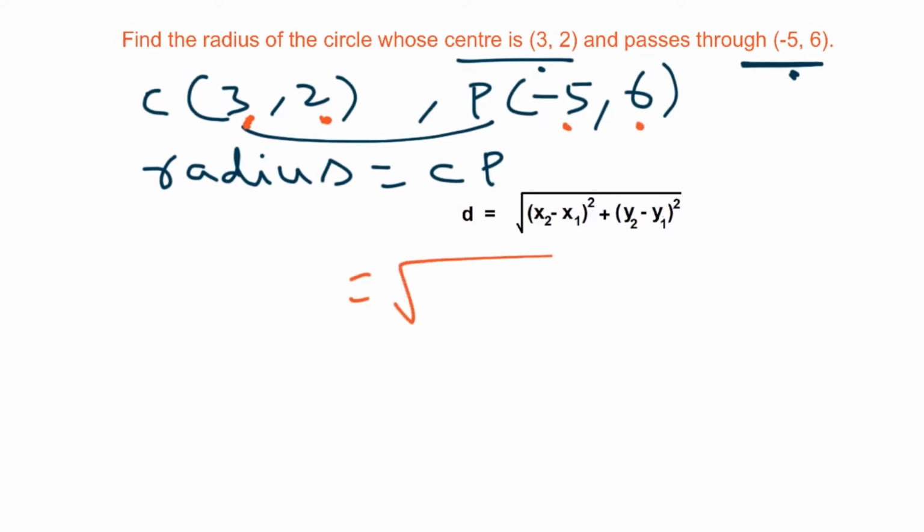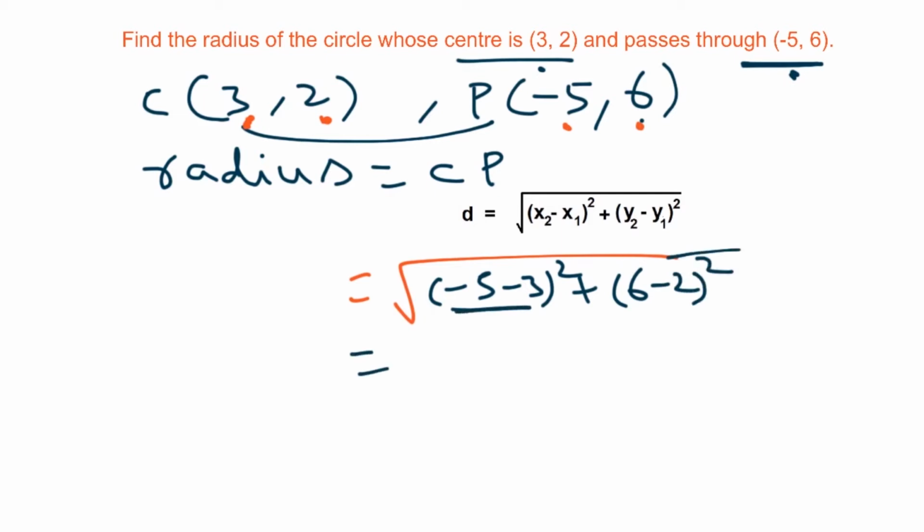So square root of x2 is -5 minus 3, whole square, plus y2 minus y1 is 6 minus 2, whole square.